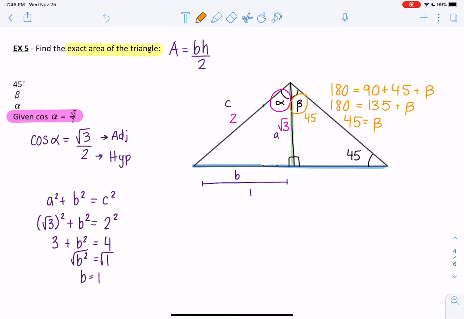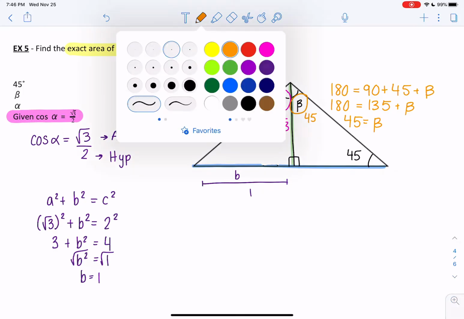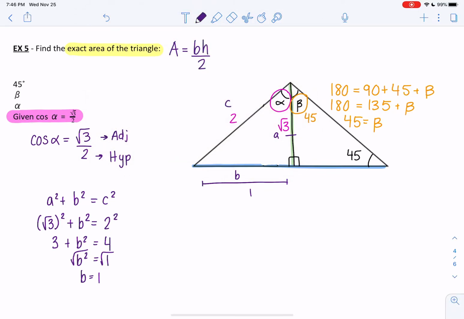Now, this triangle with two 45s looks a lot like our special triangle. And in addition, if I have two 45-degree angles, just like above, this has to be an isosceles triangle. It has to be. It's the only way that those two angles will be equal. So that means right here will have to be root 3 from here to here.